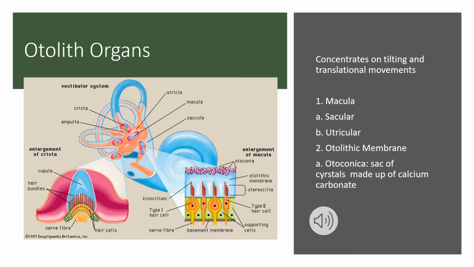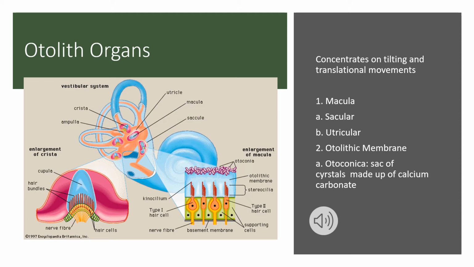In terms of the otolithic membrane, it's a gelatinous layer above the macula. The otolithic membrane includes the otoconia, which are crystals of calcium carbonate. This makes it heavy, and therefore any shift due to gravity can be sensed. This allows the head to know which way is down.